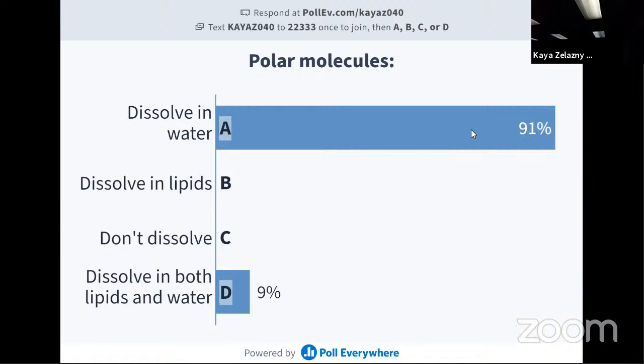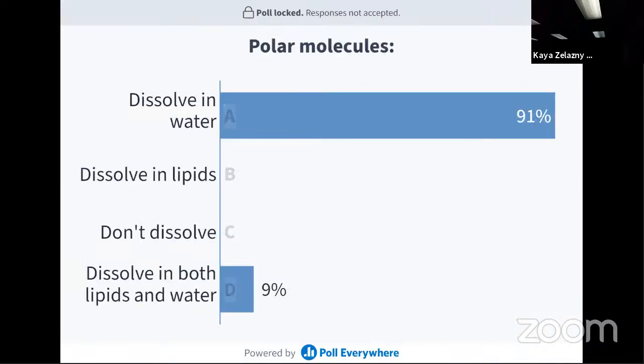Because they're attracted to the water, they mix in and they dissolve. Our lipids are non-polar. And for this, we want to remember the principle of like dissolves like. So what dissolves in something non-polar is something else that's non-polar. So basically lipids would dissolve in lipids. Okay.